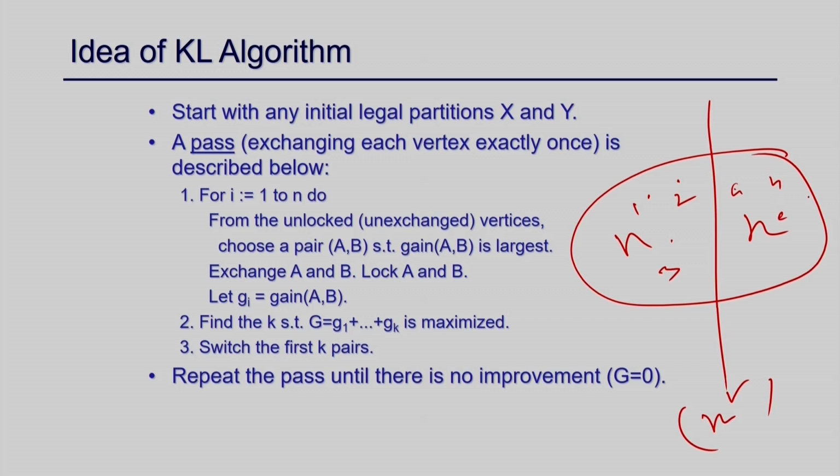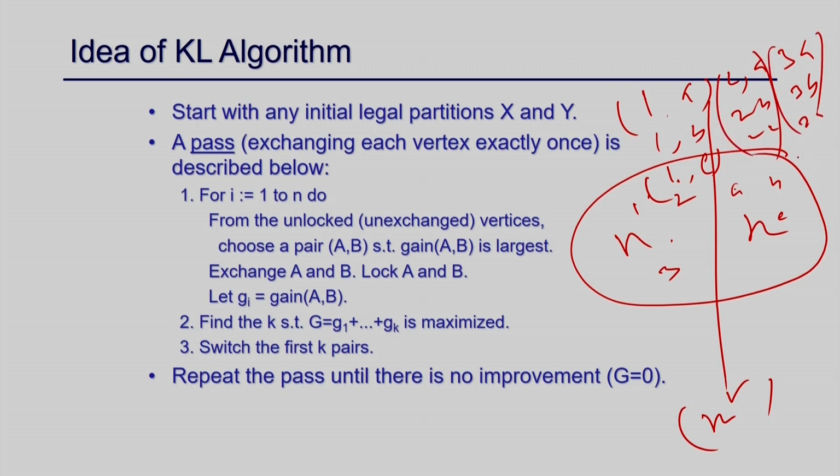The possible pairs are 3 into 3, 9, right: 1A, 1B, 1C, similarly 2A, 2B, 2C and 3A, 3B, 3C. Because our objective now is to swap 2 nodes, you find out all these n square possibilities.